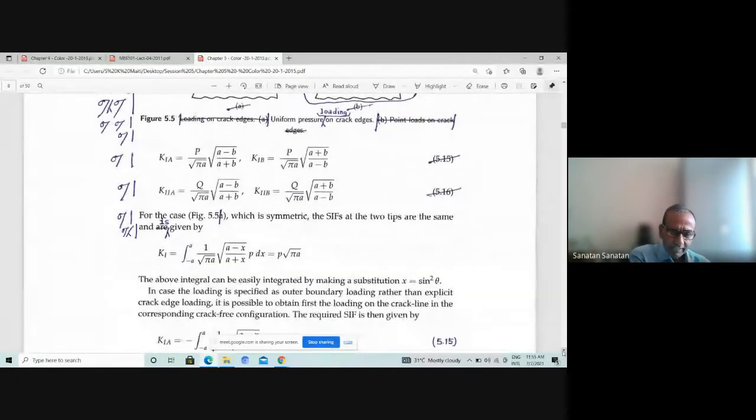Then your K_I, with crack span from minus a to plus a, and given the solution for one load of intensity P at a point, you integrate where this is the Green's function and P is the external loading, from minus a to plus a. That will give you the answer for the distributed or pressure loading on the crack faces. It is quite straightforward.